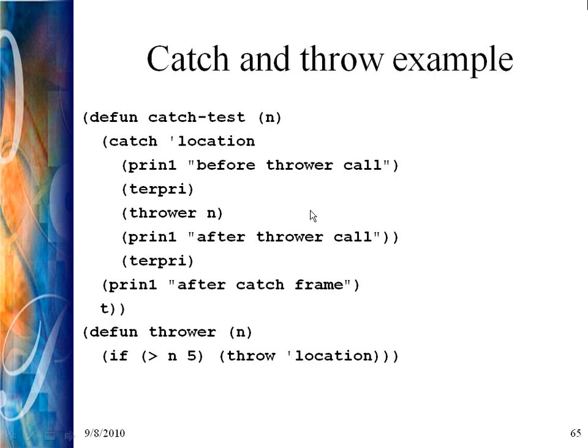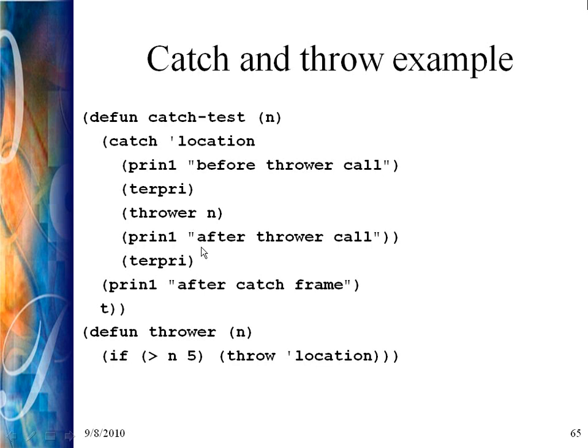So here's another example, and let me run through this function quickly. Catch test is the name of the function, takes a single argument n, and typically indicates an integer. So here we have catch location. Then we print before thrower call and print a new line. Then we call the function thrower.